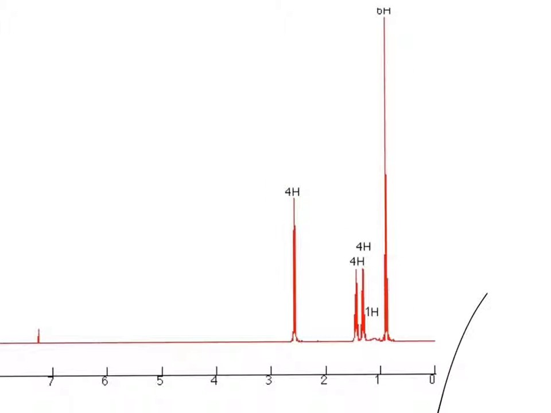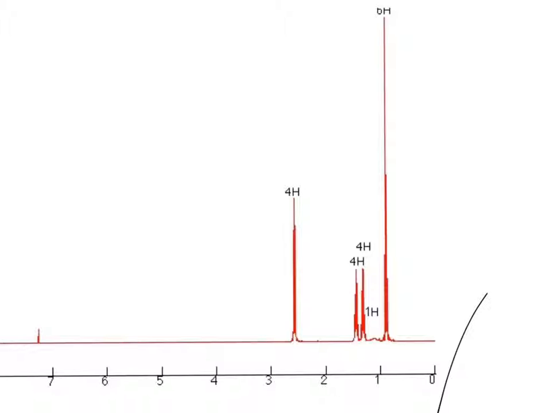The next thing that we can grasp from looking at this is the number of hydrogens in each of these signals. First off though, the total number of signals pretty much tells you how many different kinds of protons there are in the molecule. So knowing that there are 5 different signals on the spectrum, we know that there are going to be 5 different kinds of protons in this molecule.